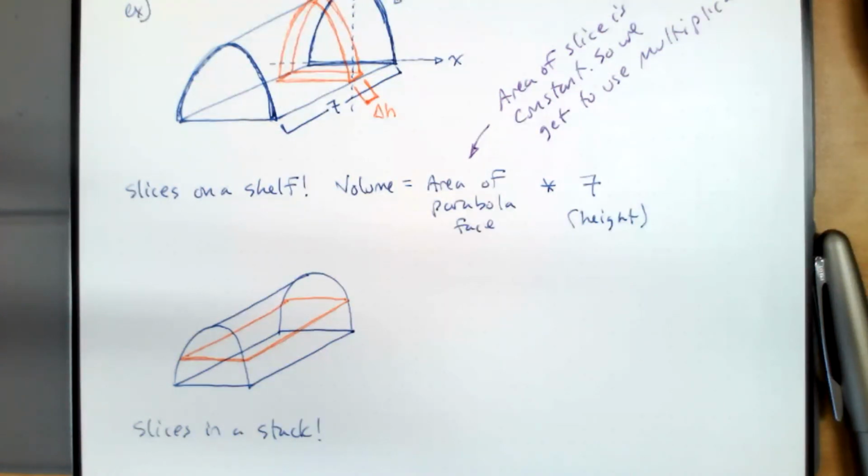Everywhere I slice this horizontally, we're going to see a rectangle. Down at the floor, we've got this rectangle, and the rectangles just get smaller until they decrease down to a line at the top.